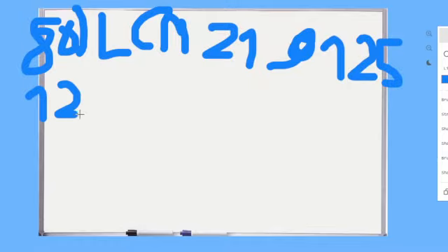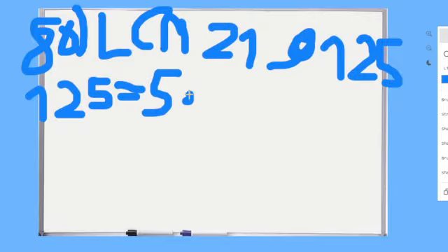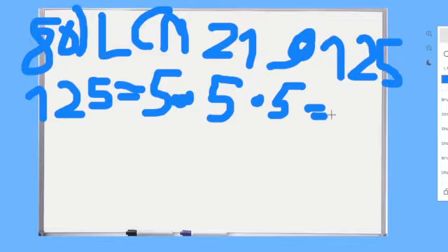So 125 would be 5 times 5 times 5, which equals 5 to the power of 3, okay? And that's prime factorization right there, which is pretty important to learn.